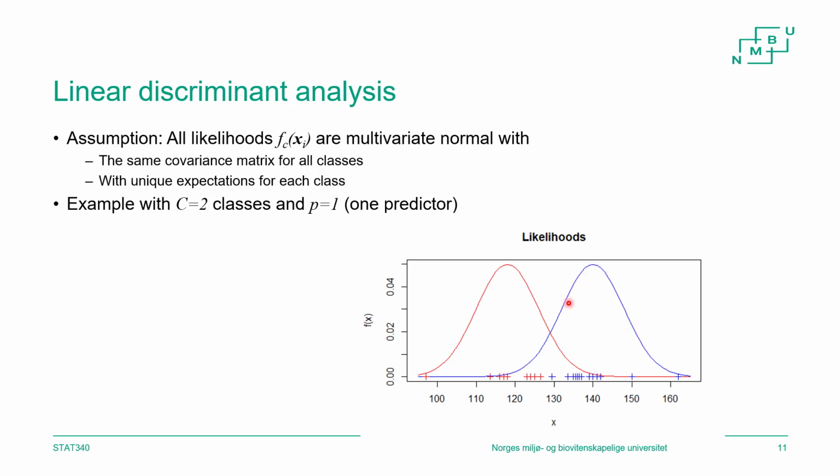But they all have the same spread. Whether you are in red or blue class, the width of the normal distribution is the same. So they have the same shape, right? But they are located at different locations. And then you will get the separation between the classes exactly here.